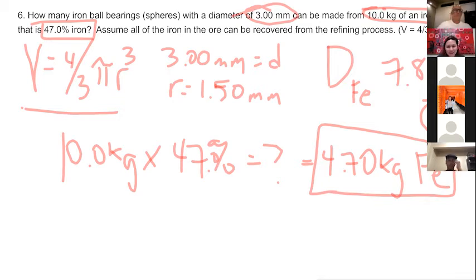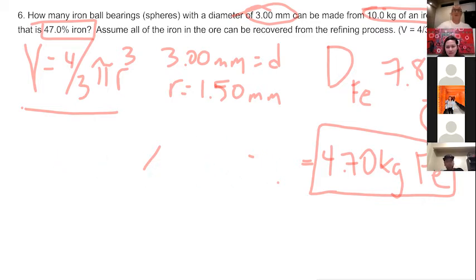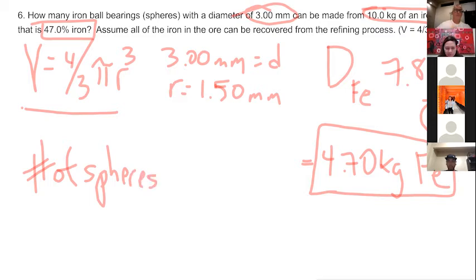Look at the question and see what it's asking. The answer is going to be a number of spheres. Whatever your conversion is, you've got to come down to a number of spheres.